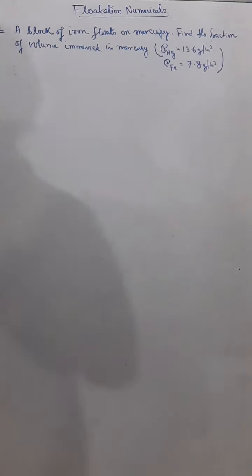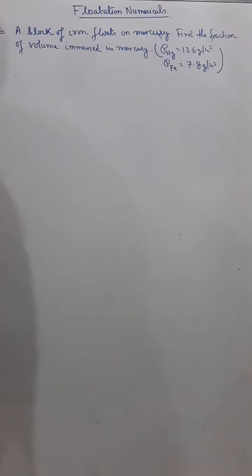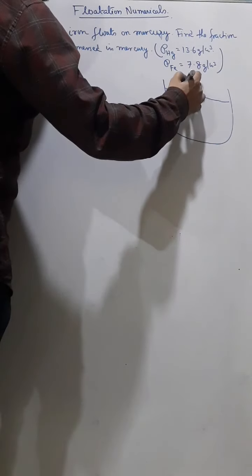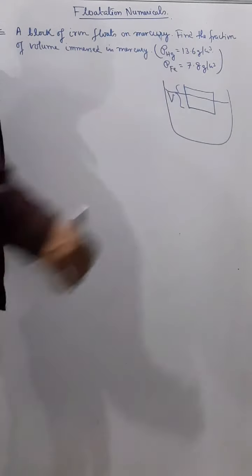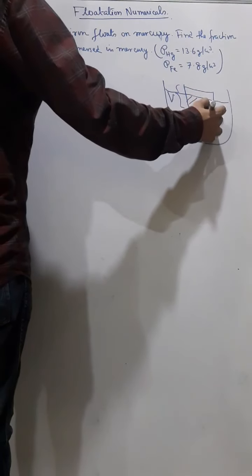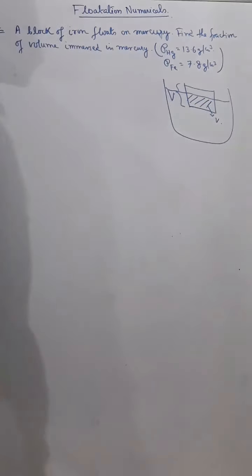Okay, now see in this, a block of iron floats on mercury. Find the fraction of volume immersed in mercury. Here also, suppose this is mercury and this is the block of iron. Now if I take the whole volume as capital V, as we have seen in the derivation also, and the volume immersed as small v.